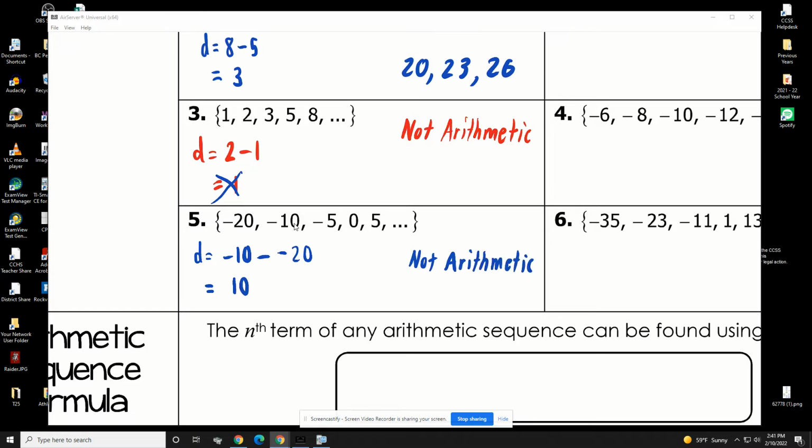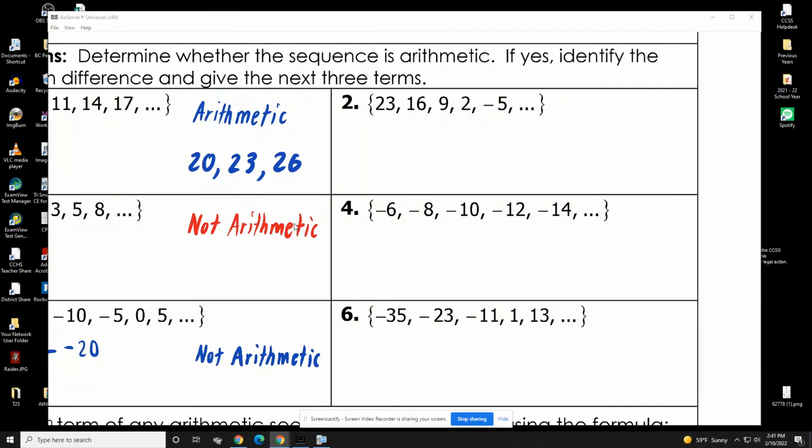Well, let's do one more. Let's look at number 2. Again, the common difference can be found by taking the second term, 16 in this case, and subtracting the first term, which is 23. Listen, don't get in the habit of thinking you always have to take the big one and subtract the small one. That's not the formula.